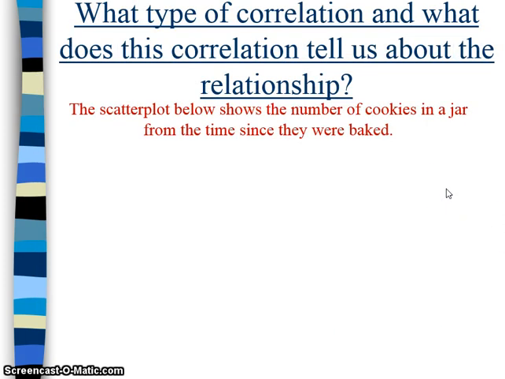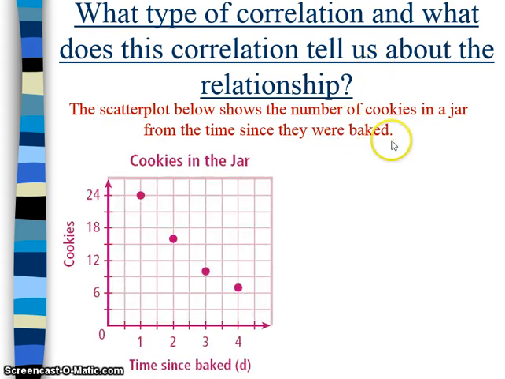Now, let's move forward and talk about what different types of correlations can tell us about a relationship. So, for example, the scatter plot below shows the number of cookies in a jar from the time since they were baked. This is the same graph we made earlier. If we look, we can see that the dots are moving downward.